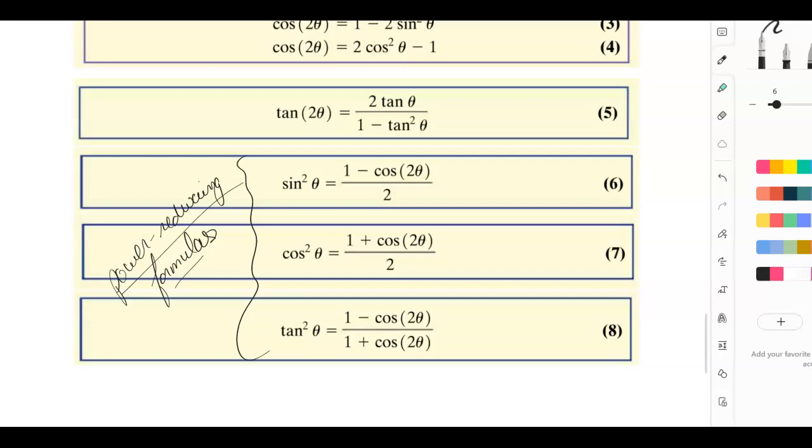It says sine squared is equal to 1 minus cosine of 2 theta, all divided by 2. The second one is for cosine squared of theta. That's equal to 1 plus cosine 2 theta, all divided by 2. And then we have tangent squared theta is equal to 1 minus cosine of 2 theta, all of that divided by the denominator, 1 plus cosine 2 theta.